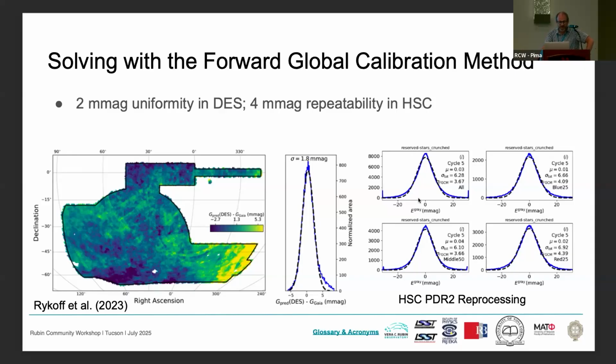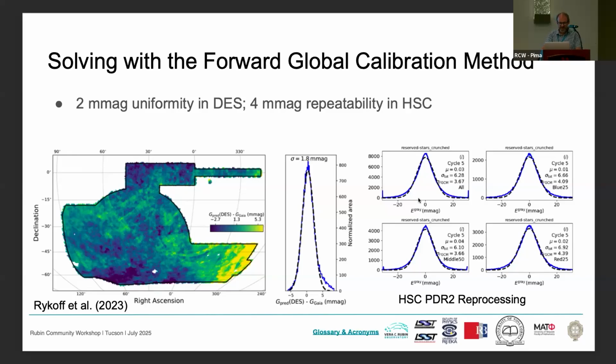It's very robust, and this is results from 6 years of Dark Energy Survey, and this is compared to Gaia G-band. So this is summing up DES grizY into something like the Gaia broad G-band. And it's consistent at the 2 millimag level overall in terms of uniformity, and repeatability at the 3 to 4 millimag level.